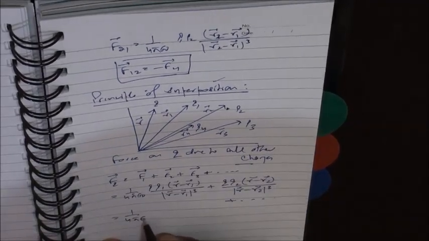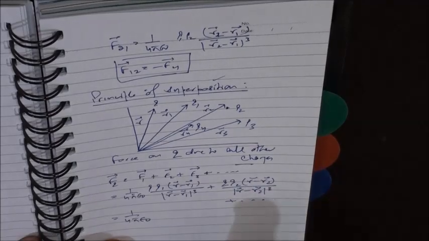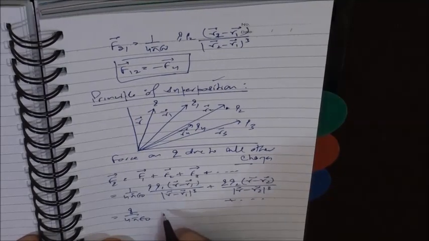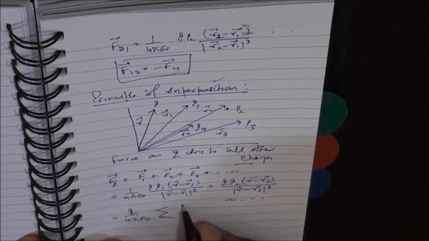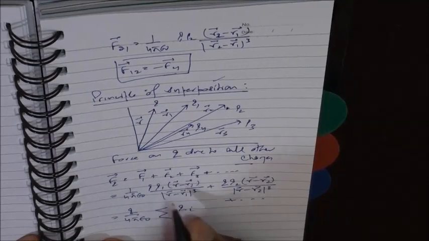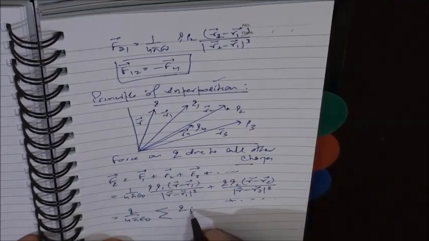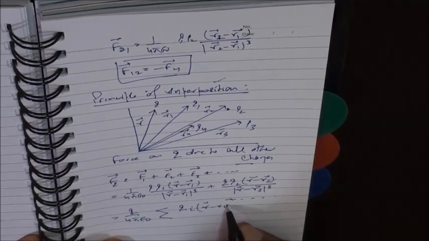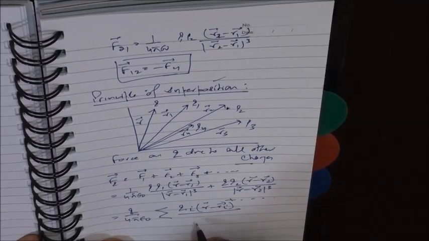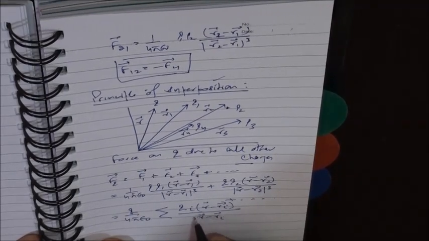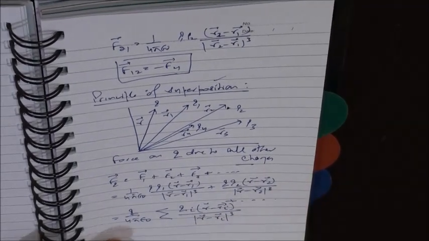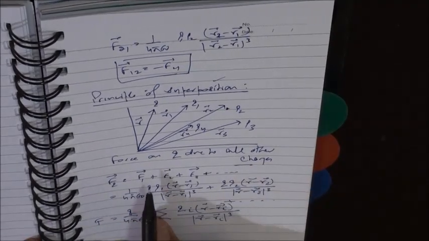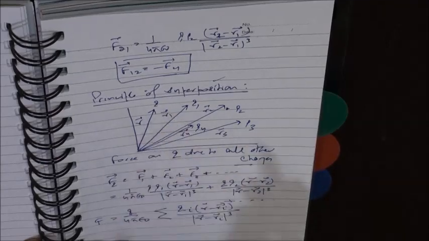I can write it in some other convenient and short form by using sigma. Q is common, so I can write it here, and now I can apply sigma. Qi, because I am getting Q1, Q2, Q3, let me write it Qi, times (R minus Ri) divided by |R minus Ri| cube. So this is the force due to all these particles on Q.